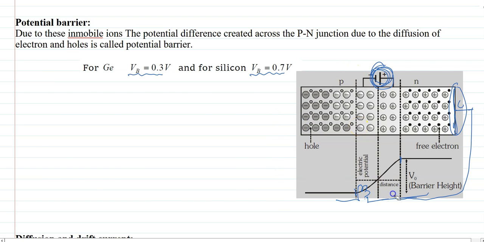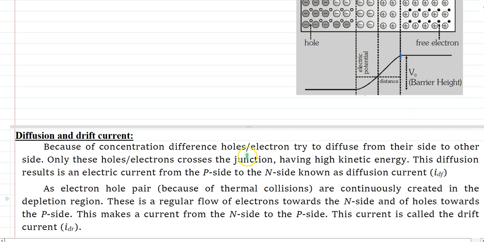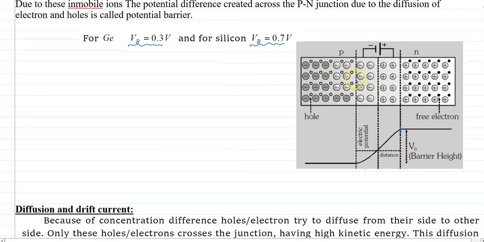Okay. So another term: diffusion and drift current. You can see holes diffuse from the p side to the n side and electrons diffuse from the n side to the p side. Due to this diffusion of electrons and holes we get a current, called diffusion current. There is also a drift current, because there are some electrons in the p side and some holes in the n side.